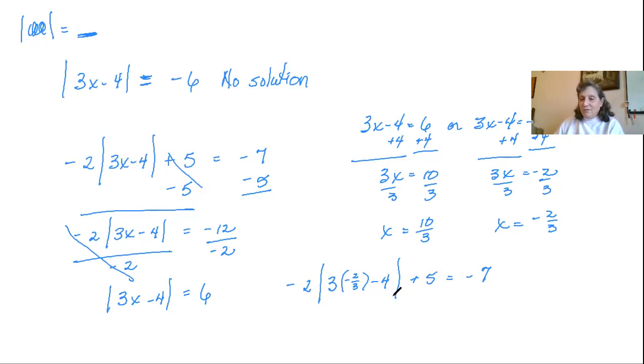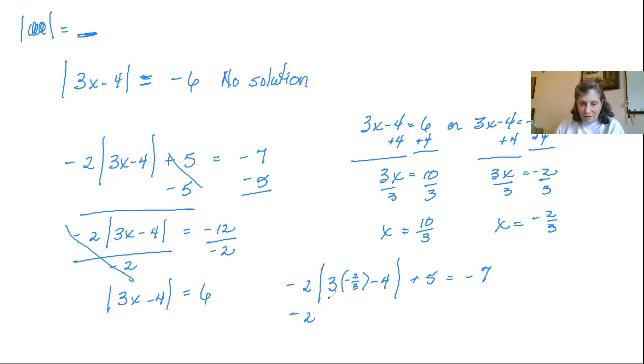Order of operations always says do grouping symbols first. In this case, these absolute value brackets are also kind of doubling as grouping symbols. And within the grouping symbols, you also follow order of operations. So in here, I need to multiply this and then subtract that. And then I'm going to multiply by the negative 2, and then I'm going to add the 5.